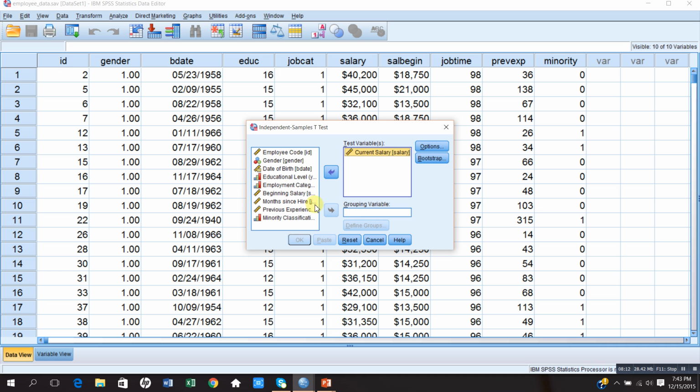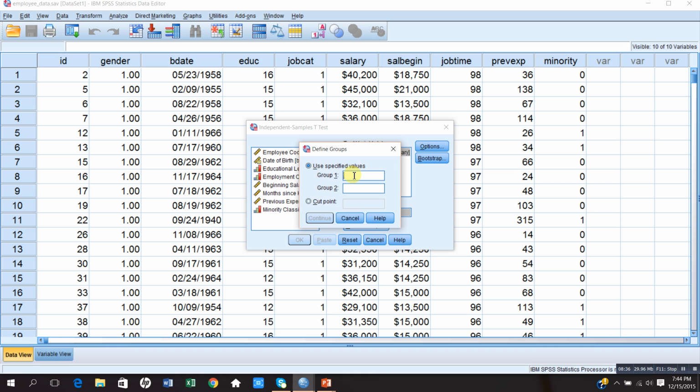Now this time I will send gender as a grouping variable. Now gender has two categories, male and female, and basically independent sample t-test will compare the mean salary of the male and the mean salary of the females. Let me define these two groups. We have one for males and two for females, so there are two groups.